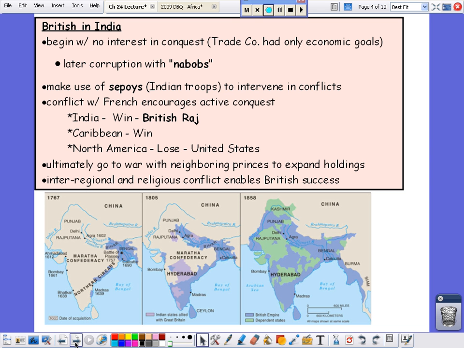They are taking outrageous advantage of their position in the trade company to get whatever money they can, make themselves wealthy, and then get out and go back home and live like rich people. They are not interested in taking over India at first.